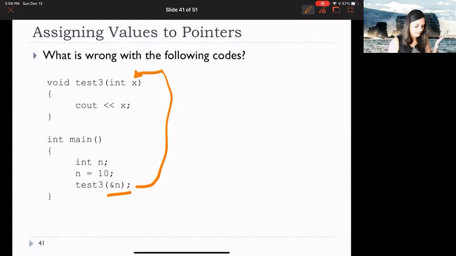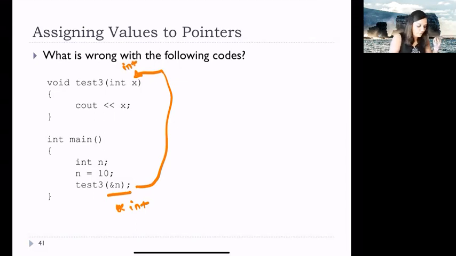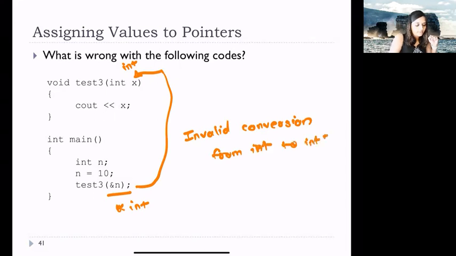So again, the address of n is of pointer int type and your x is of type int. So again, this is the same as before, invalid conversion from int to int pointer.